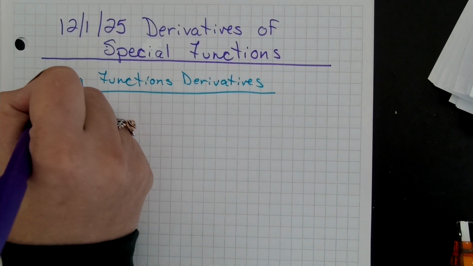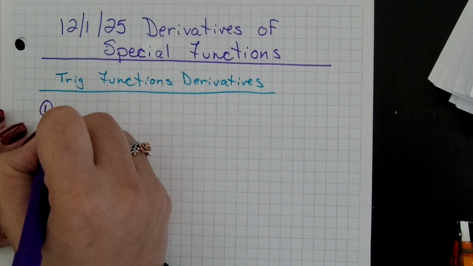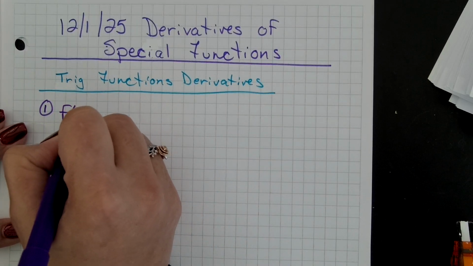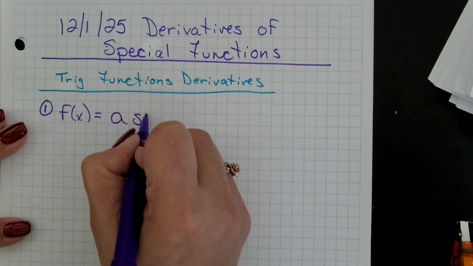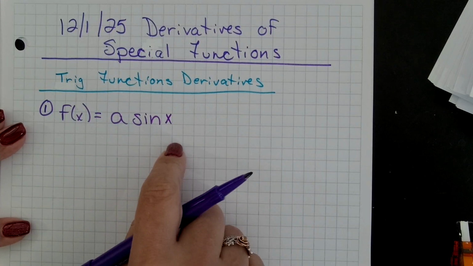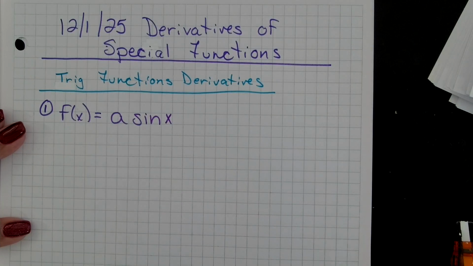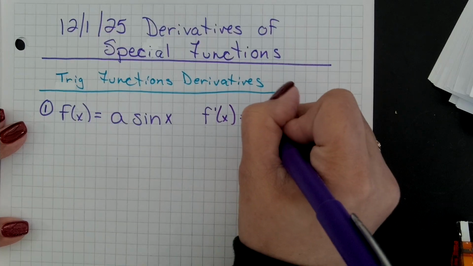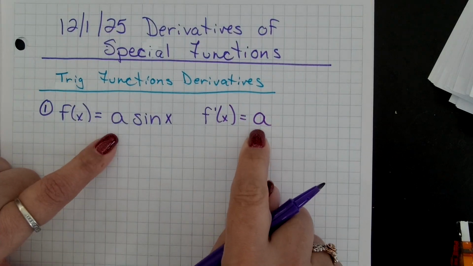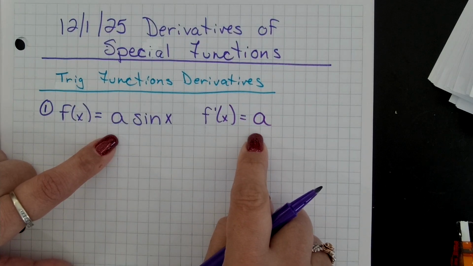Our first special function for trig is the sine rule. So if we have f of x is equal to a sine x, the derivative, your coefficient does not change. The coefficient stays the same.